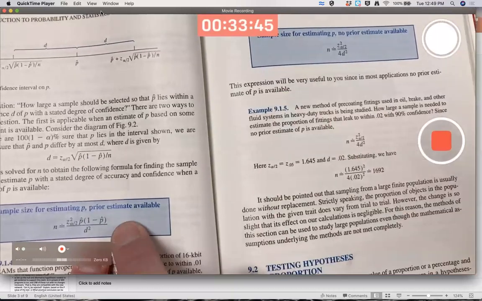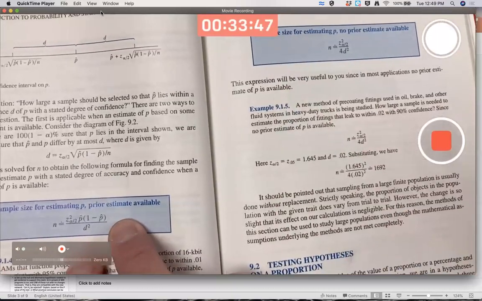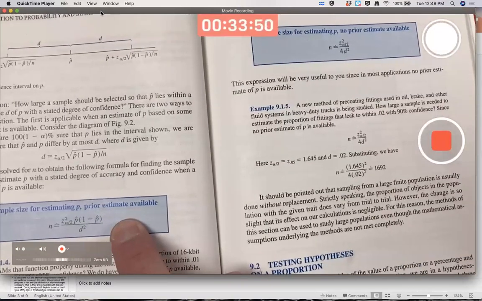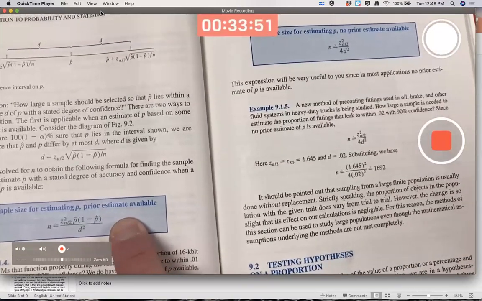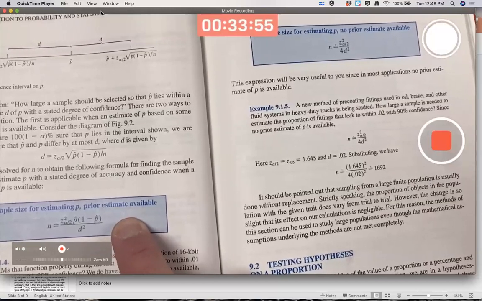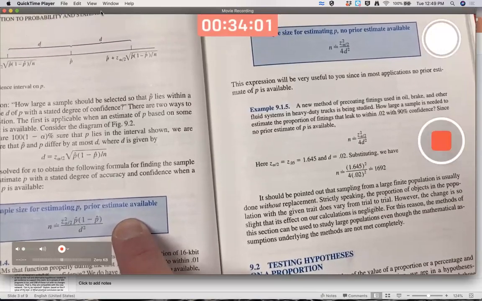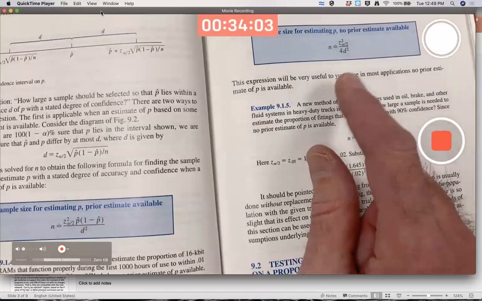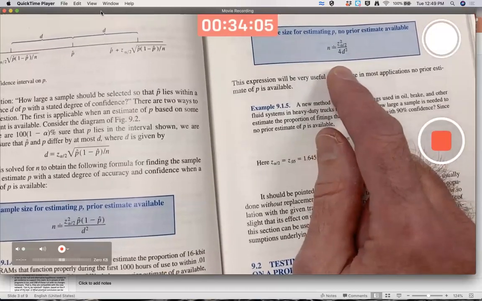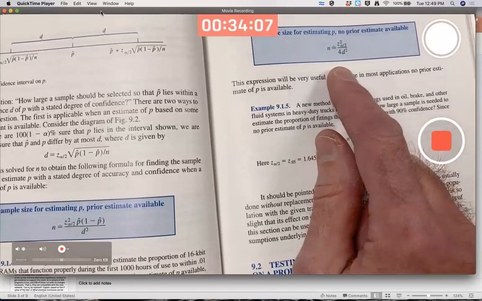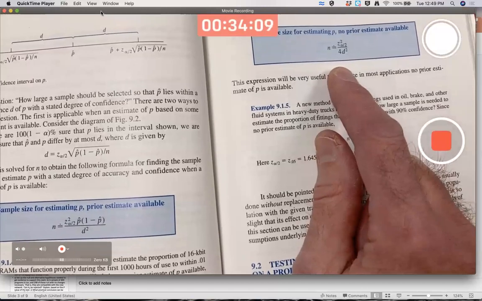If you think of this as a function of p hat, this function is maximized a la calculus when p hat is 0.5. So if you just always assume your prior estimate is 0.5, you're making this as big as possible, and you might as well just use this formula, which makes n bigger if you want to play it safe.